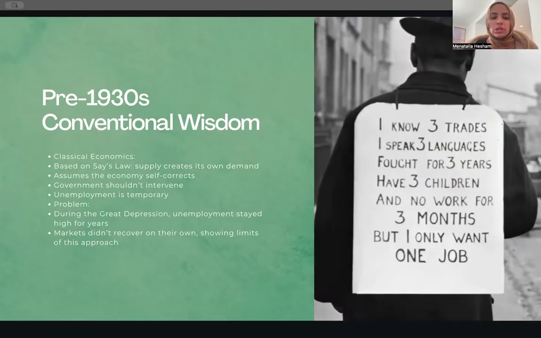Unemployment was seen as temporary and would resolve itself naturally. However, during the Great Depression, the theory failed. Millions remained unemployed for years, and markets didn't recover on their own, proving that government intervention might actually be necessary during severe economic downturns.